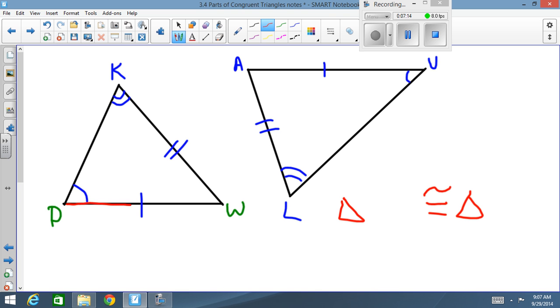On this triangle, I go from D to W, and then from W to K. So if I call that one DWK, when I go to my second triangle, I need to start in a comparable angle, which would be angle U, right? Those two both have the one angle marking. I want to go through that one notch mark. So that's going to be U to A, and then from A down through my double notch mark to there.